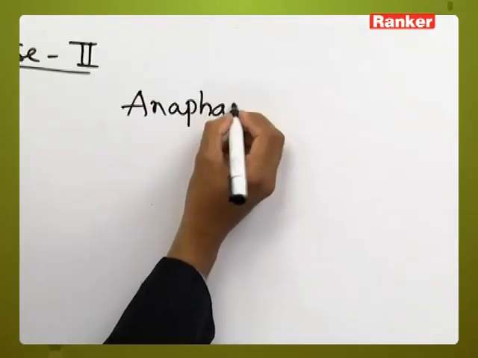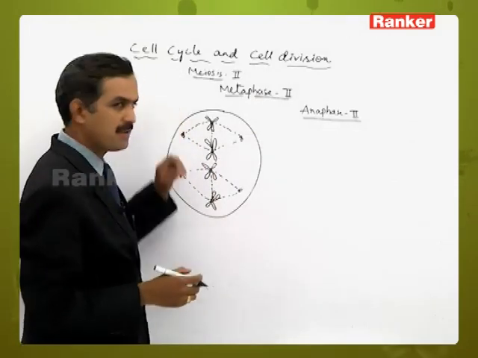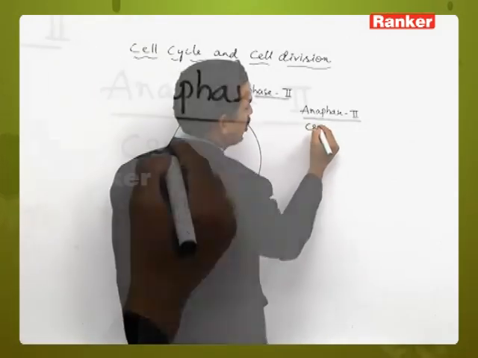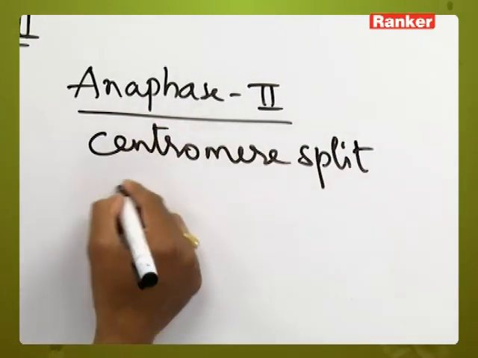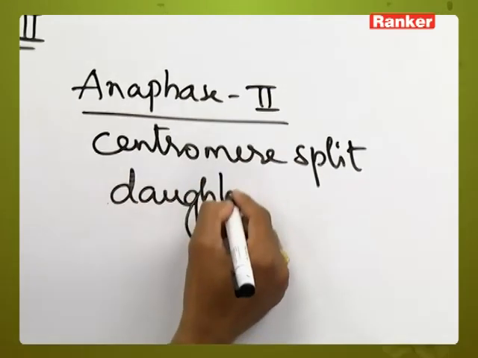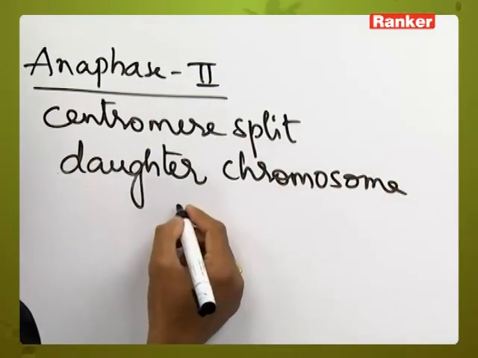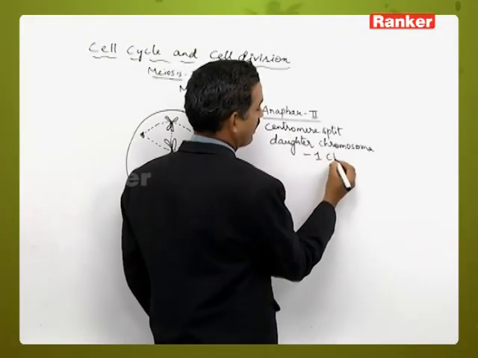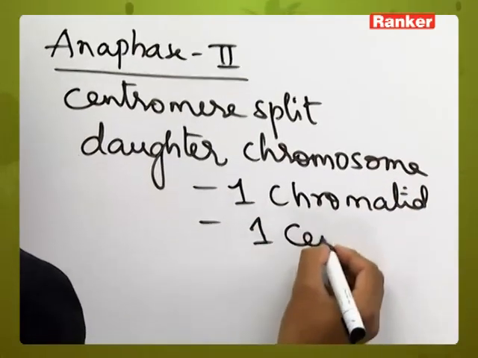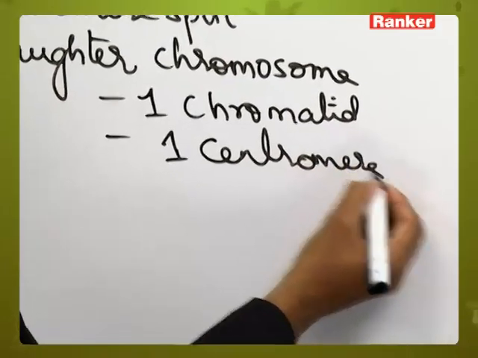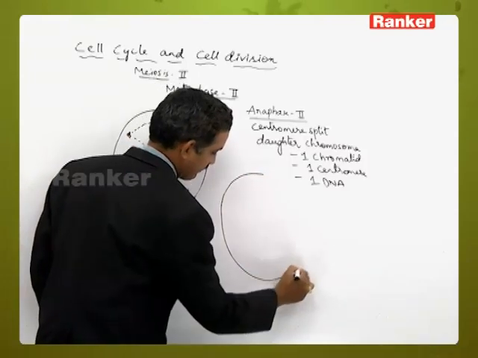Then anaphase 2. During anaphase 2, the contraction of the spindle fibers takes place, so that the centromere will split and daughter chromosomes are formed. Now each daughter chromosome contains one chromatid, one centromere, and one DNA molecule. So that can be represented like this.